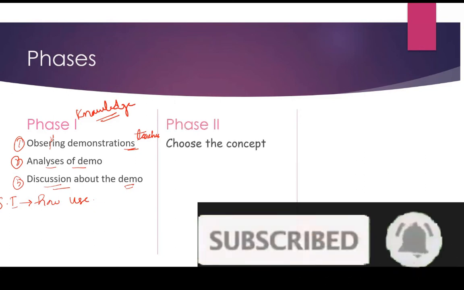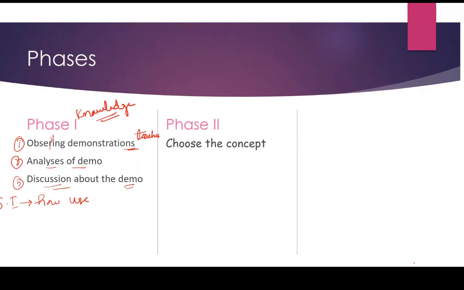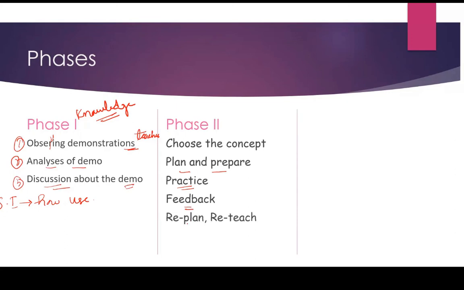Then in the second phase, you go through a lot of practice. First you choose the concept, then plan and prepare the lesson plan, and then you practice that lesson plan or give the demonstration. After the demonstration you are given feedback by the teacher or your peer group, and upon the feedback you can go through replanning or reteaching sessions, until you master the skill that you have taken in hand, right?